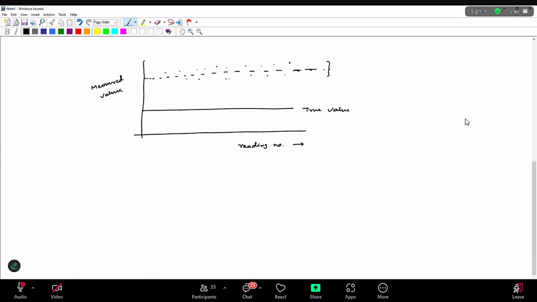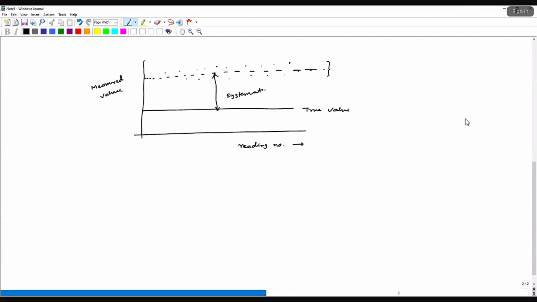If you take the difference between the mean and the true value, this is known as systematic error. And the scatter of this data gives rise to what is called random error.